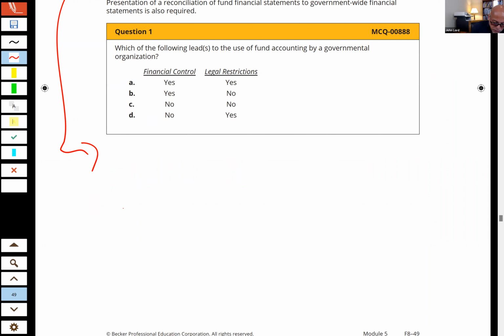So what happens? When you look at a government's financial statements, you'll see fund financial statements and you'll see government-wide financial statements. Okay. Now, when you see the fund financial statements, you will see governmental funds.